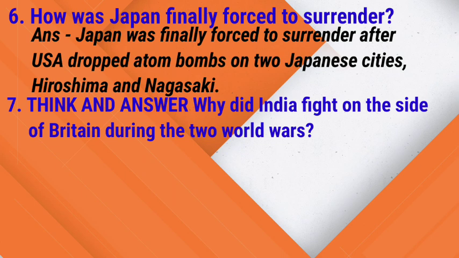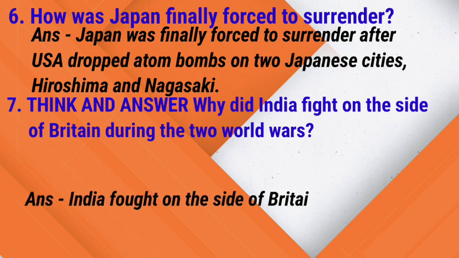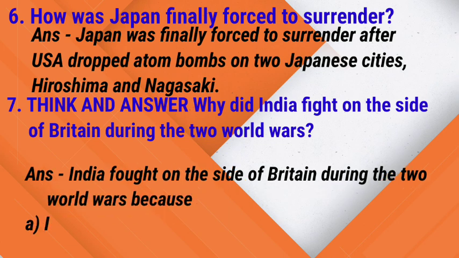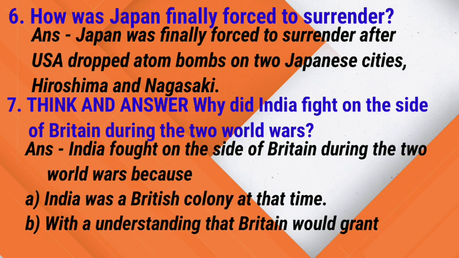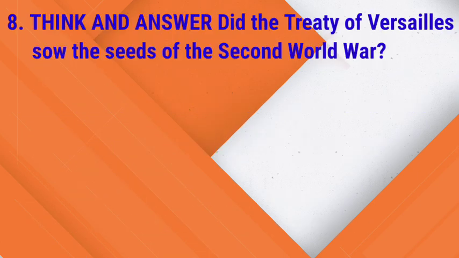7. Think and answer. Why did India fight on the side of Britain during the two world wars? Answer. India fought on the side of Britain during the two world wars because A. India was a British colony at that time. B. With an understanding that Britain would grant independence to India. 8.